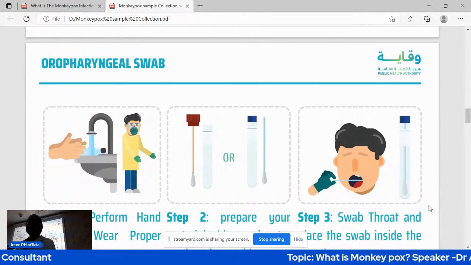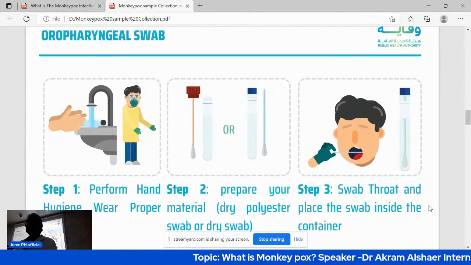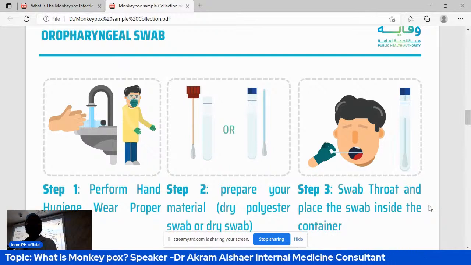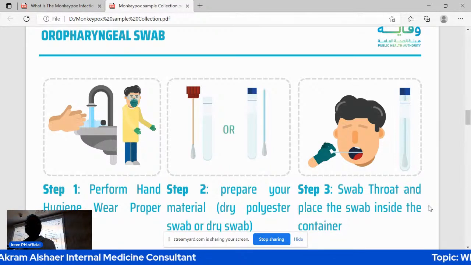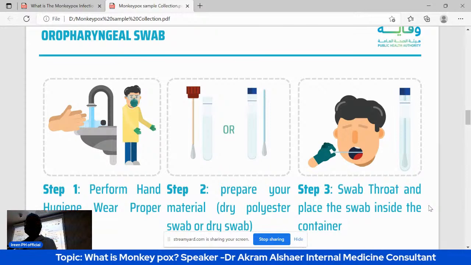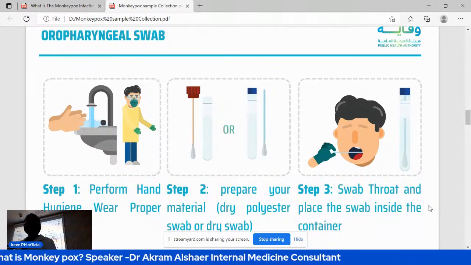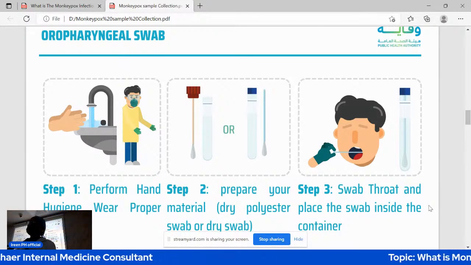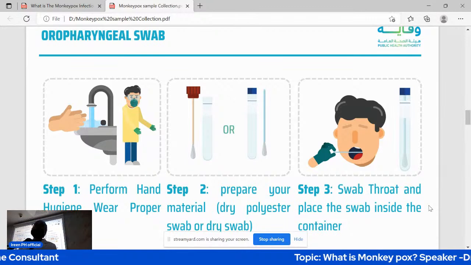The oropharyngeal swab: Step 1, perform hand hygiene and wear proper PPE. Step 2, prepare your material, swab or dry swab. Step 3, swab the throat and place the swab inside the container. This is how you do your oropharyngeal swab.